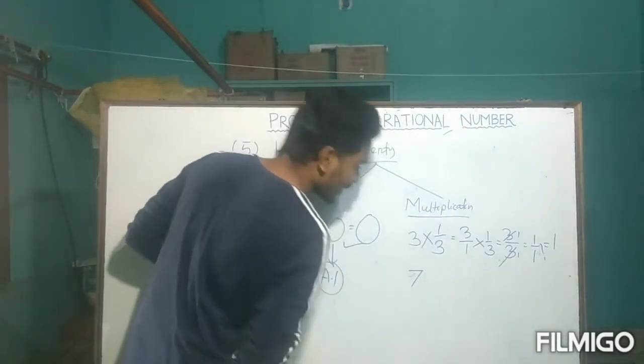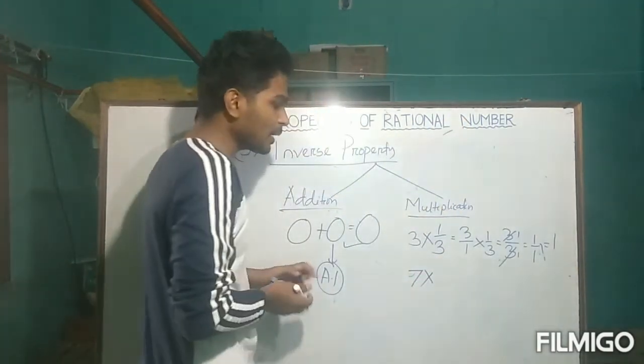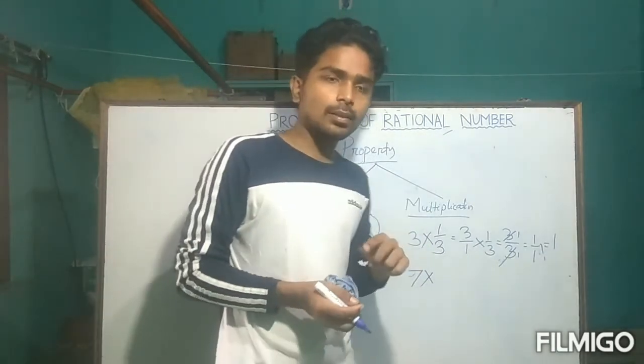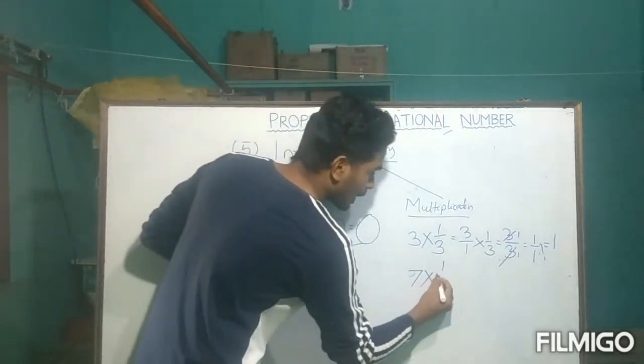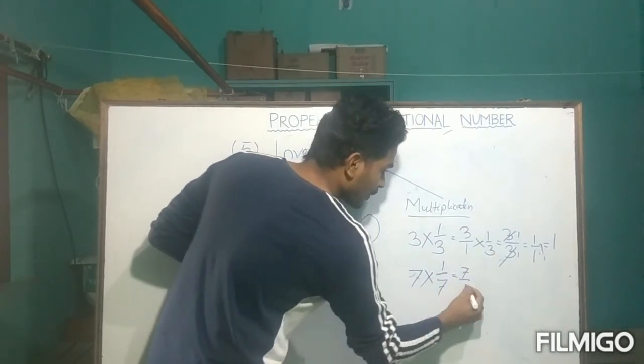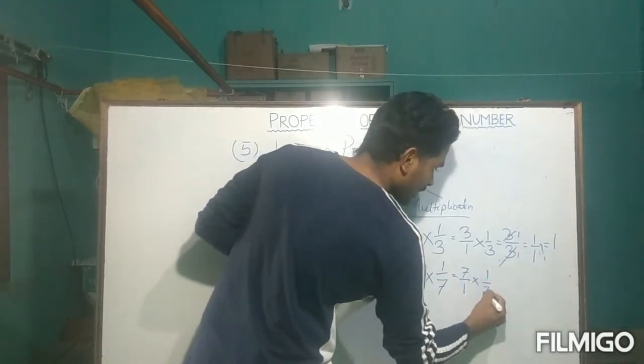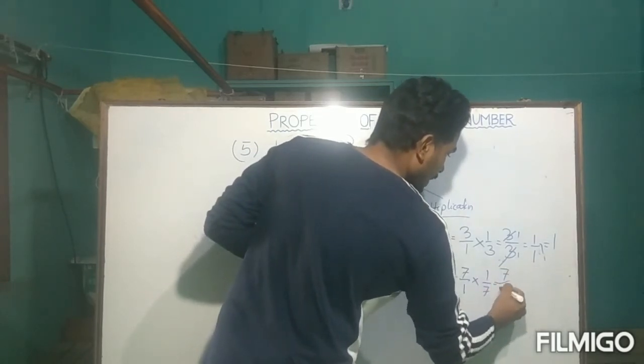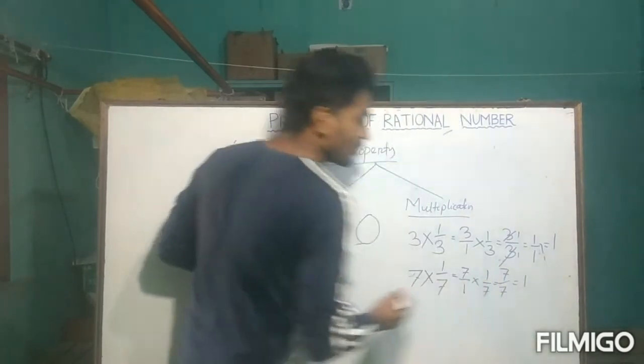One more example 7. What should be multiplied with 7 to give rise to 1? We should multiply 1 by 7. So the answer will be 7 by 1 whole into 1 by 7 is equal to 7 by 7 is equal to 1.